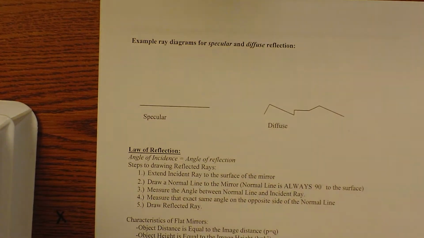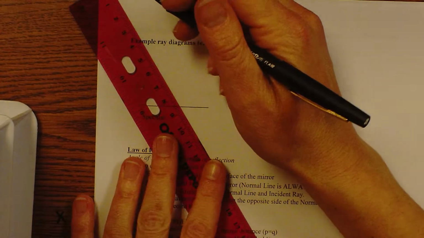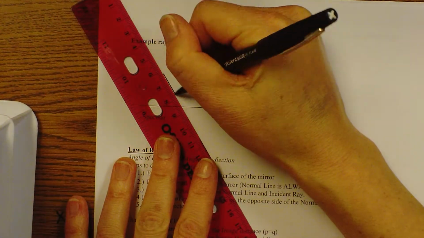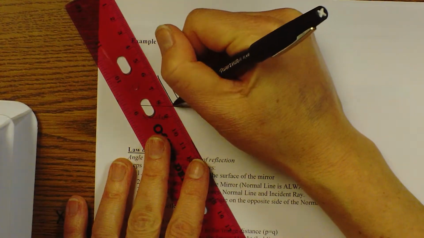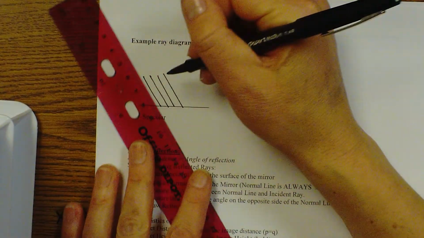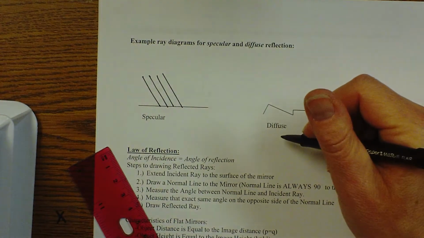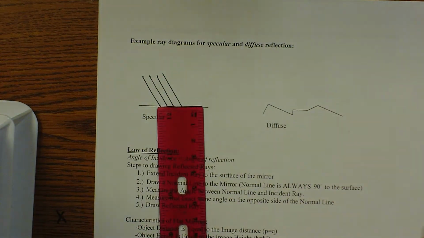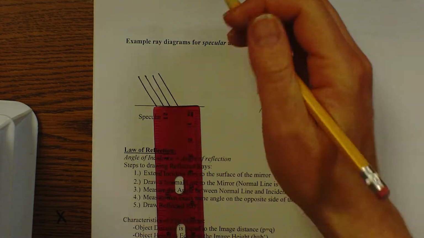If we think about what happens in the cases of specular and diffuse reflection, for specular reflection, essentially what you have is a very smooth surface. And if you have light rays coming in from a single object that's far away, and if those light rays are all parallel, like this, then those light rays should obey the law of reflection.